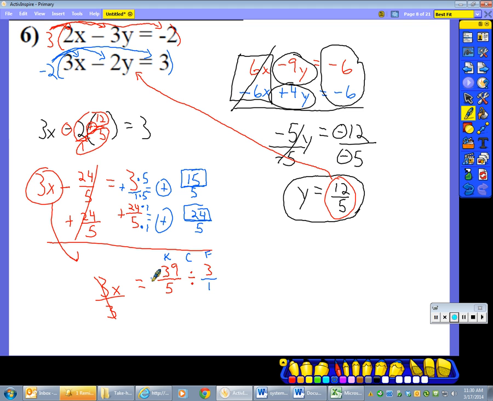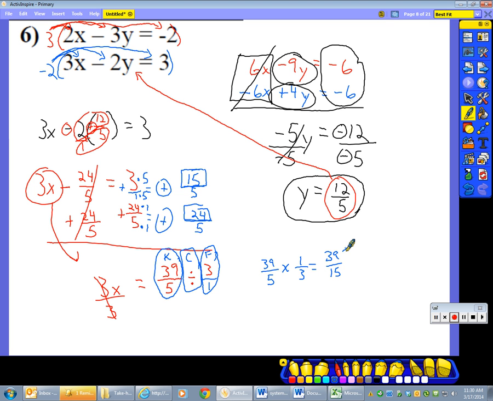What that means is I'm going to keep this first fraction the exact same, 39 over 5. Change it means I'm going to change that from a division to a multiplication symbol. And then flip it means you're going to do the reciprocal, a fancy word for flip your fraction. It was 3 over 1, now it's going to be 1 over 3. So 39 times 1 is 39, and 5 times 3 is 15.